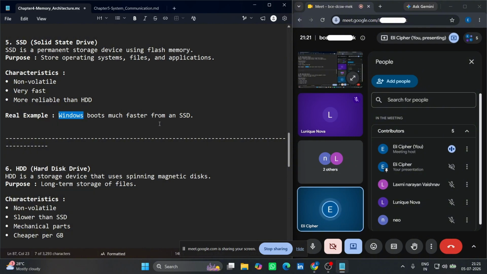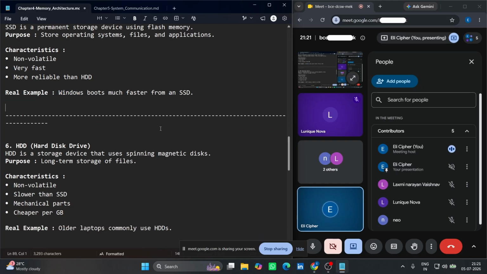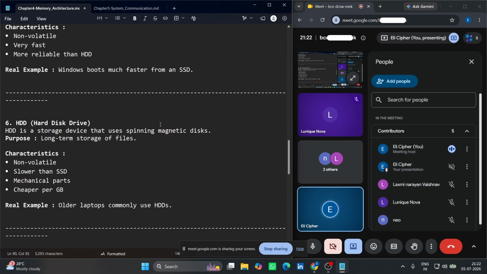You can actually realize it if you have an old computer in which you don't have SSD, only HDD. In my old laptop, I have HDD, hard disk drive, instead of SSD because it is an old version. So I actually have to wait a very long time just for accessing my OS.